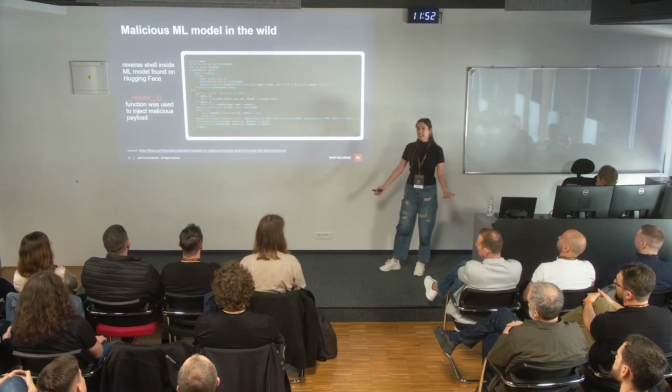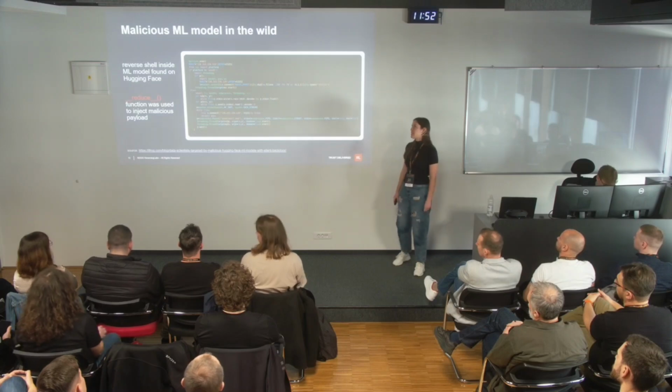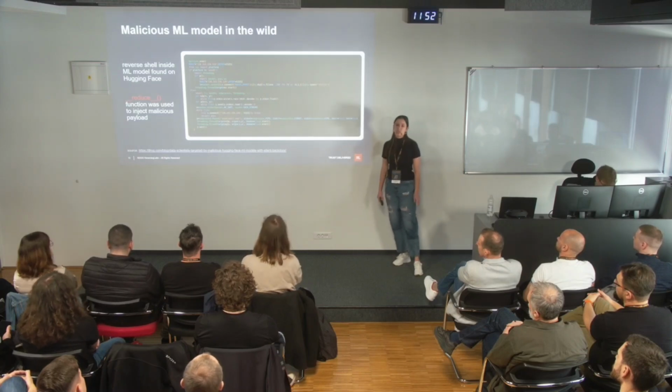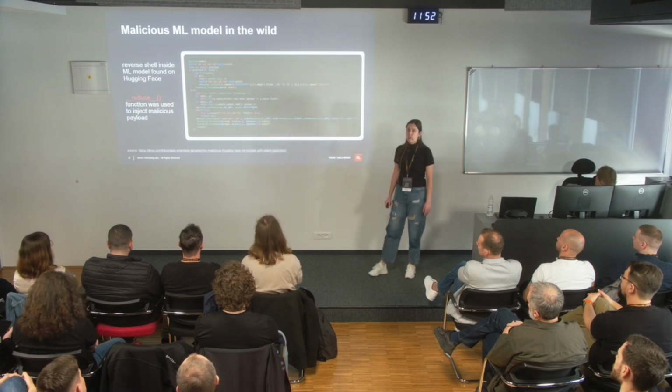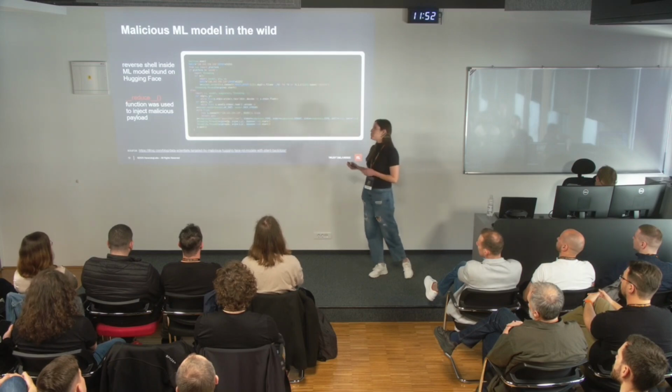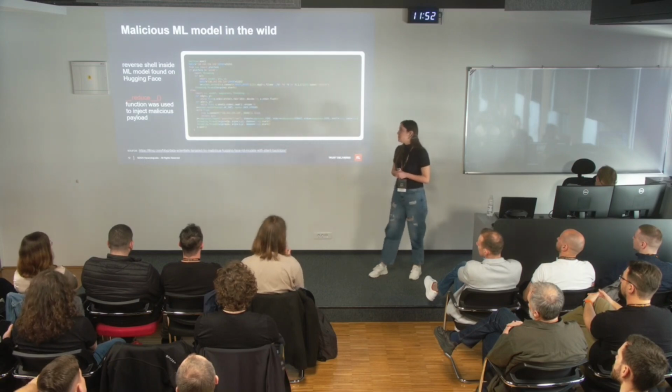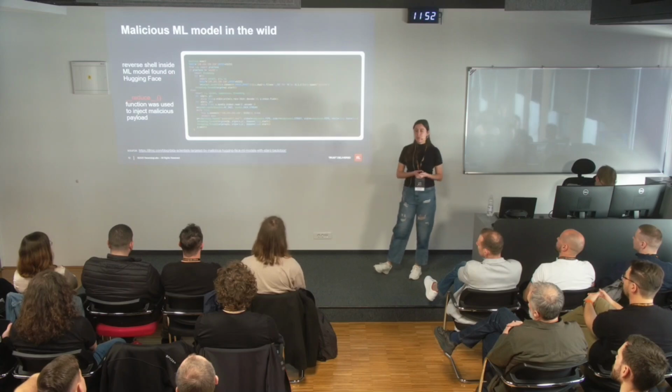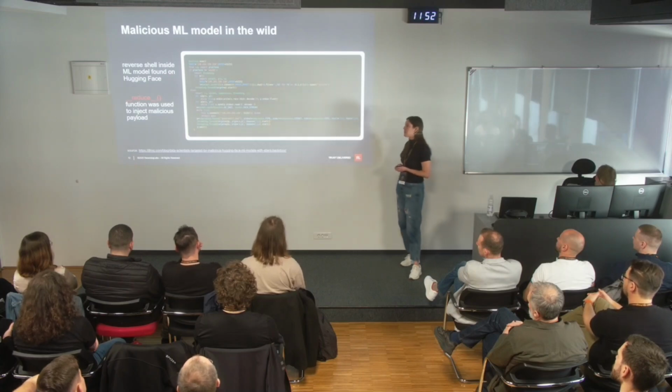It was very easy to inject that malicious payload inside a machine learning model just by using the function reduce. This example is very reminiscent of my previous one, but it is a real-life example that was found on Hugging Face.